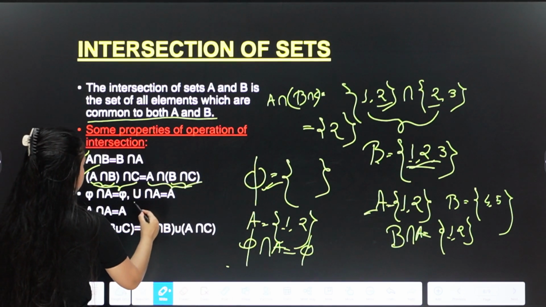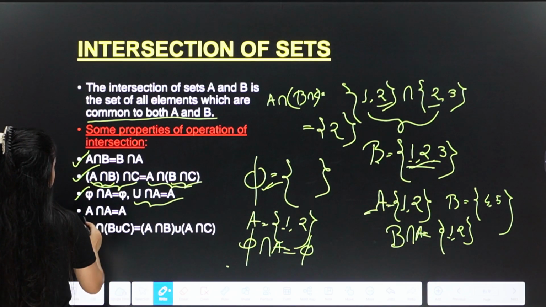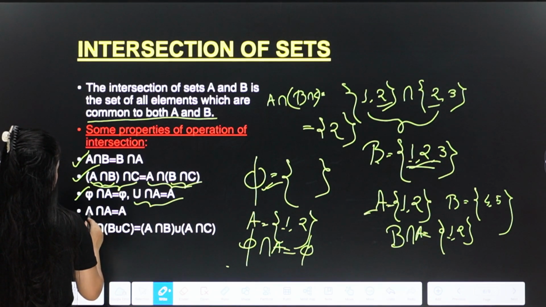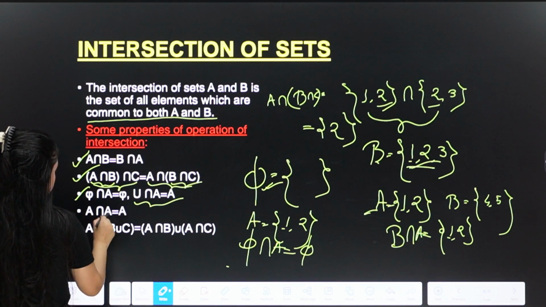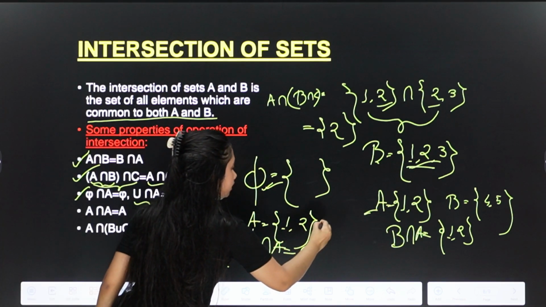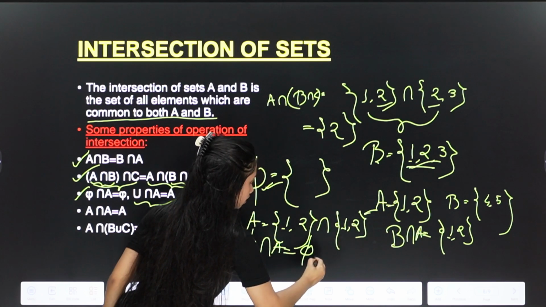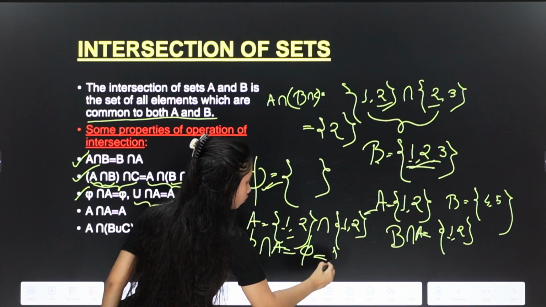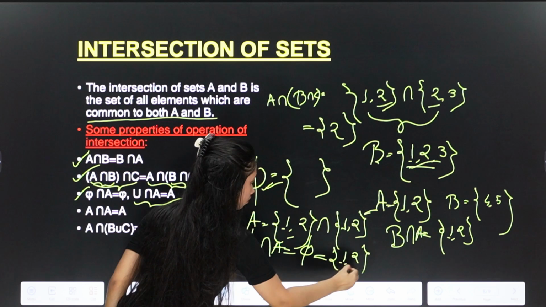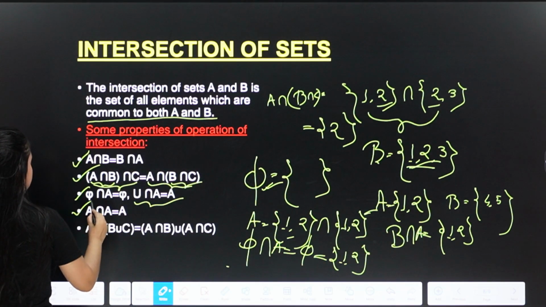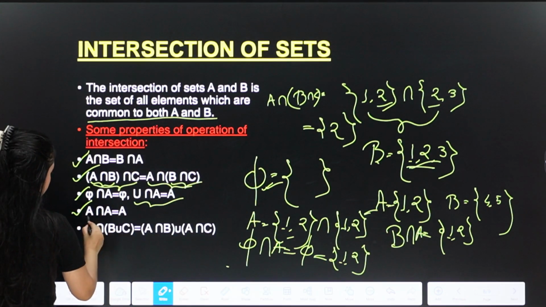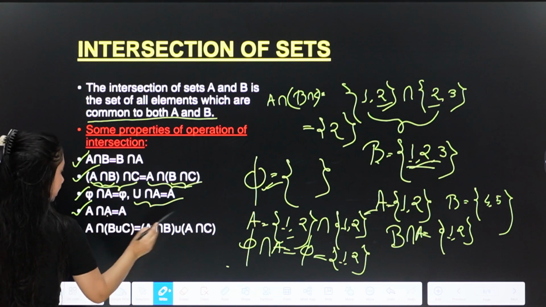Again, it will satisfy this property also. Again, if we take intersection of A with A, what will be the intersection of A with A? That is, the common element is 1 and 2. Thus, it also satisfies the property A intersection A is equal to A.